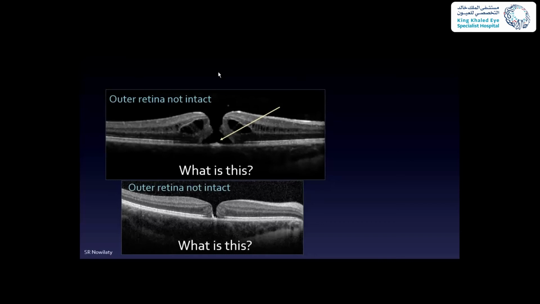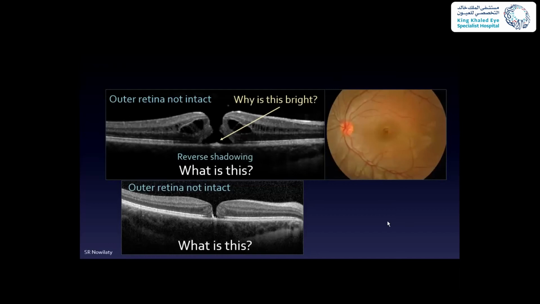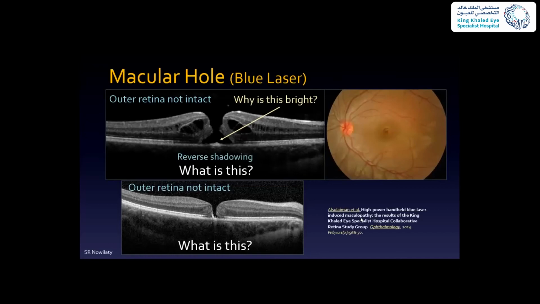Basically, the line of light came in uninterrupted and caused this RPE to appear very bright compared to this area where you have the retina shadowing a little bit of the outer retina, the RPE. Absolutely correct. It had the chance to receive the light. Very nice. So this is because of reverse shadowing. Here's that macular hole. This was again a blue laser injury.